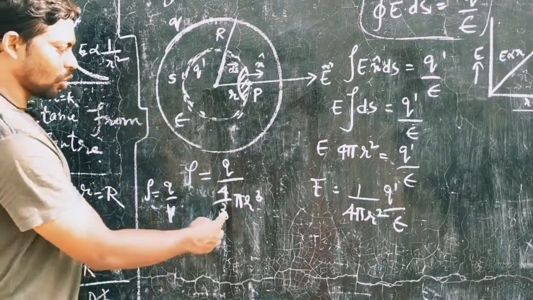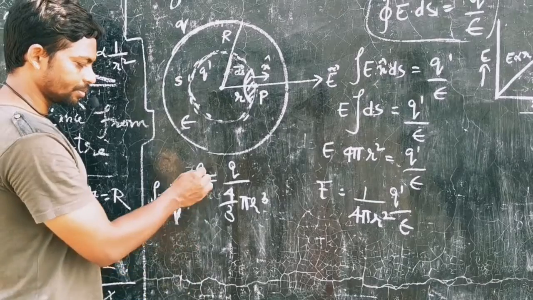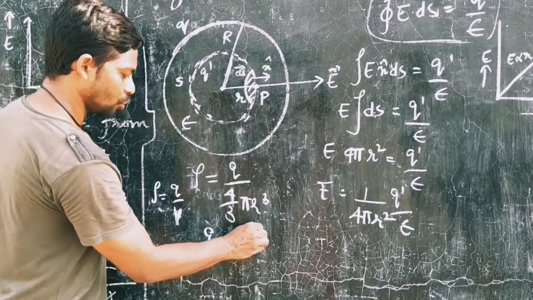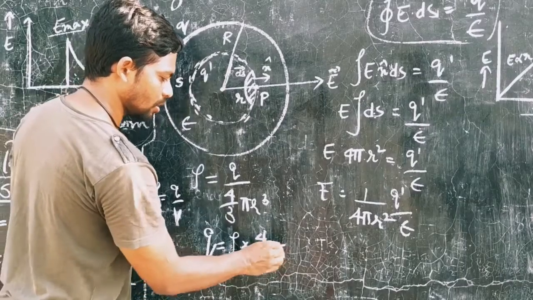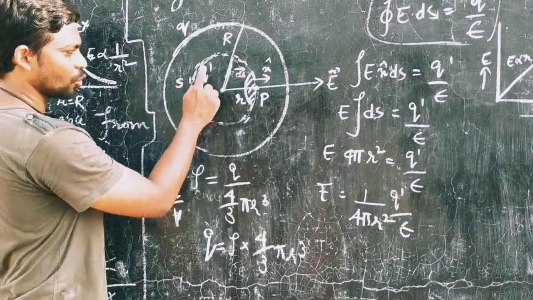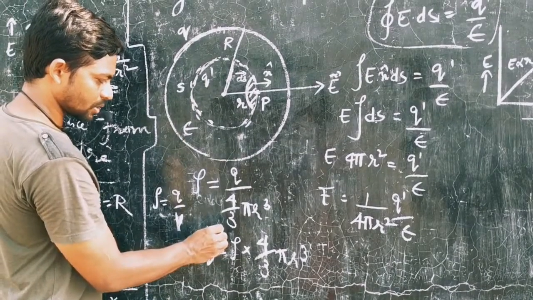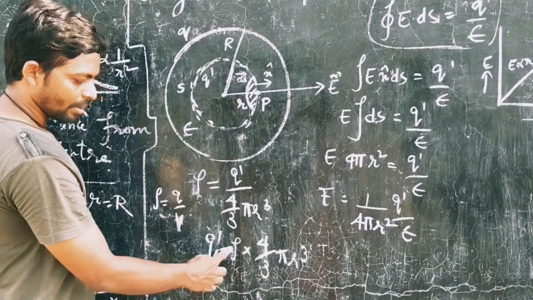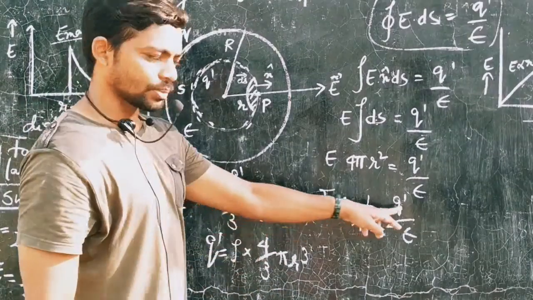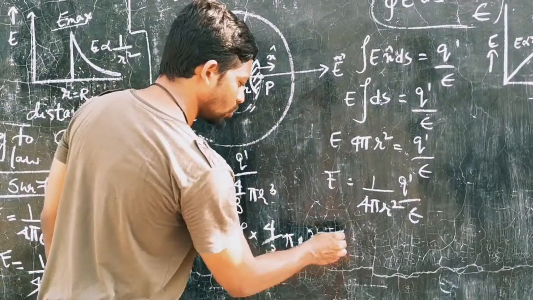So Q value becomes rho into 4 by 3 pi R cube. In this case, since we have taken Q dash, Q dash becomes rho into 4 by 3 pi r cube. So I am going to substitute that here, and let us see the value.